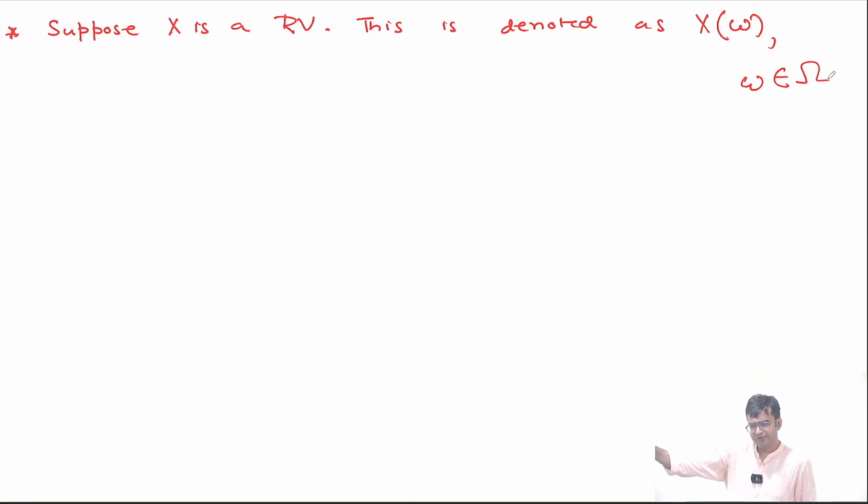Okay, so this is just for representation's sake and this is needed for the discussion today, so I am bringing it up. Until now we did not discuss it because we did not require it. There is no requirement for this omega kind of representation, but we will need it today. So a random variable is denoted as X(omega), where omega is some random variable from the probability space.